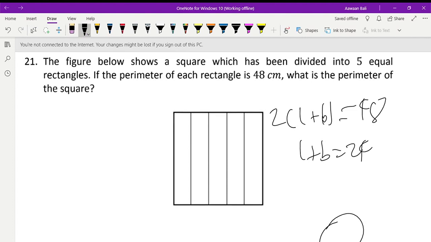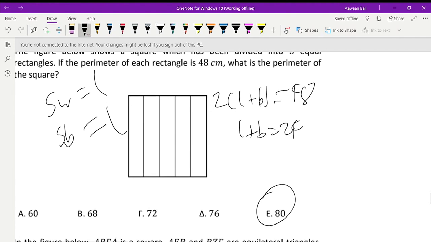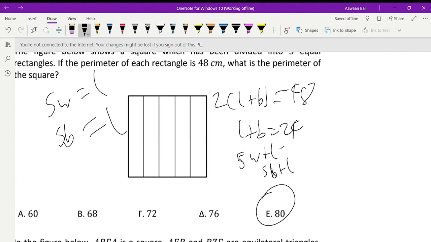Which means this length and this breadth or width, the sum is 24. Now it says that since there are 1, 2, 3, 4, 5 widths or breadths, which together are equal to the length, we can say 5 width plus length, or 5 breadth plus length. Oh, sorry, other way around.